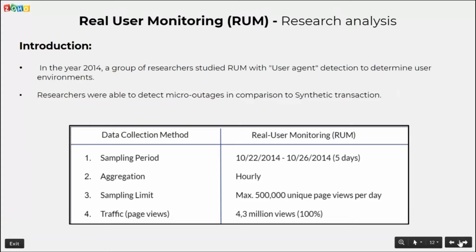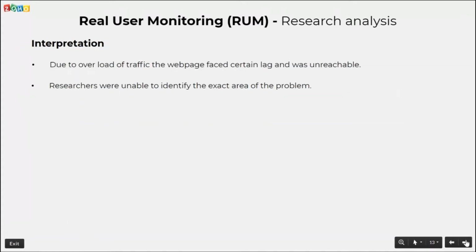They set a sampling limit of about 5 lakh unique page views per day, where the traffic was about 4.3 million views, which was almost 100%. The scientists interpreted that these web pages faced certain lag and were unreachable because of the high traffic, and the researchers were also not able to identify the exact area of the problem.